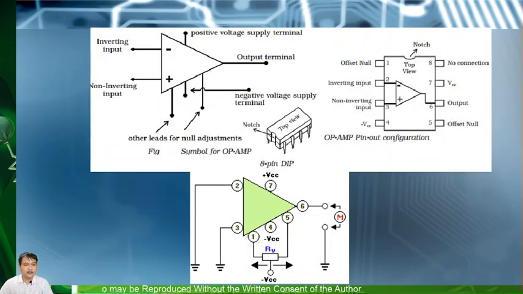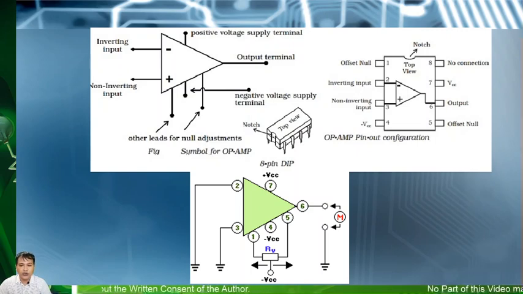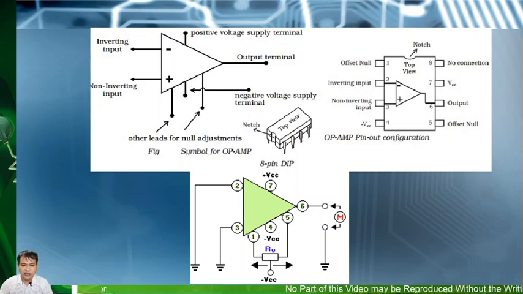Okay, so this one is showing the pin configuration of the LM741 op-amp. It consists of a single op-amp. So this one is the pin configuration. Pin 2 is our inverting input.